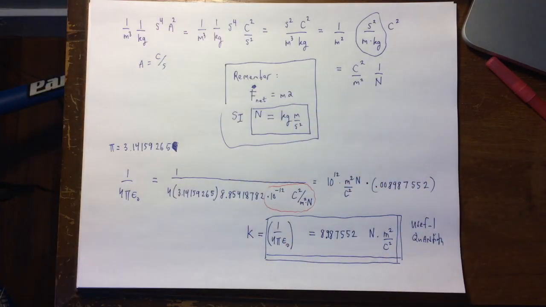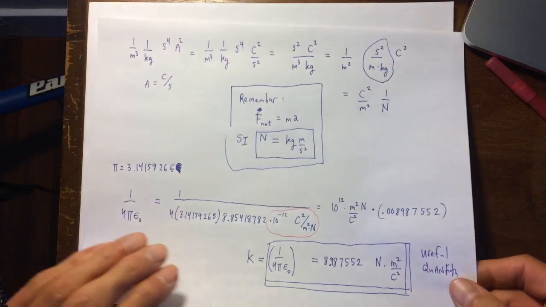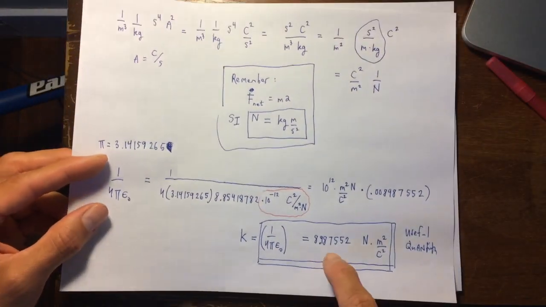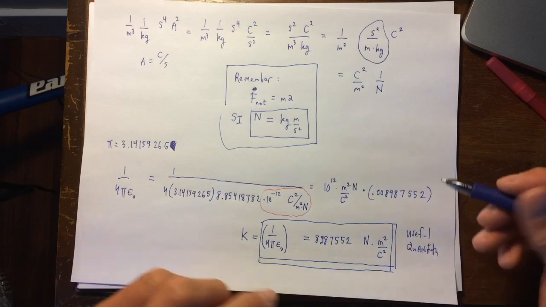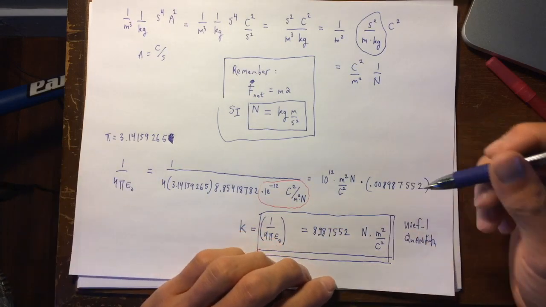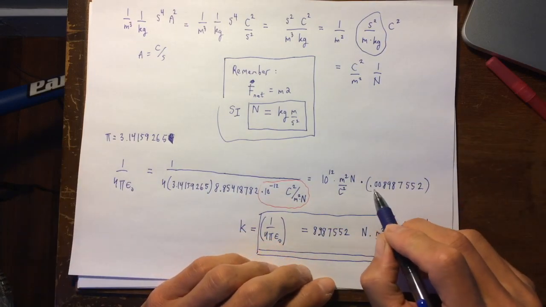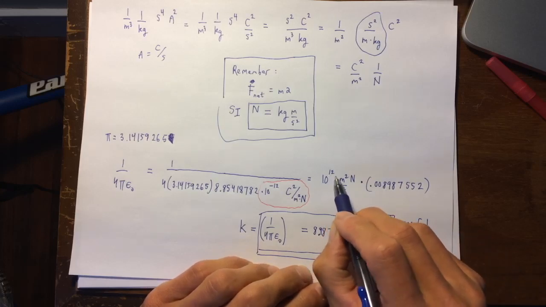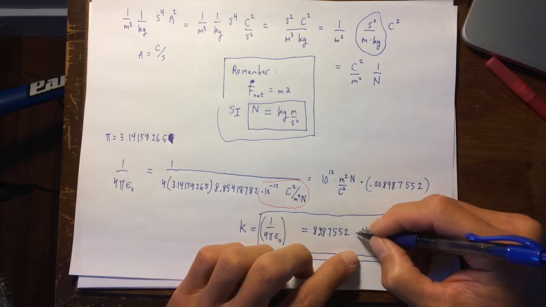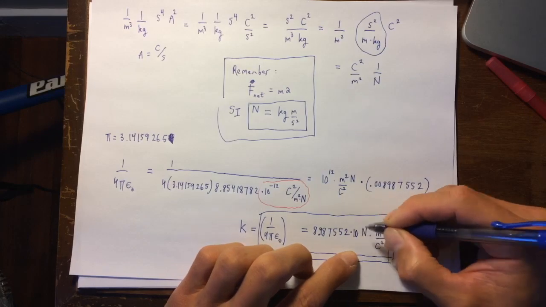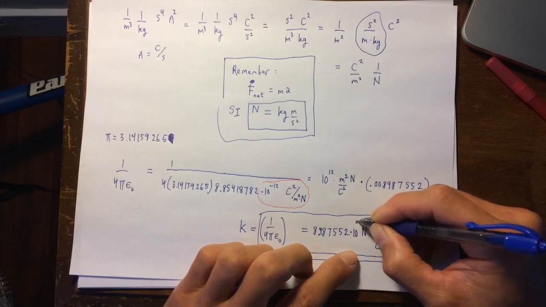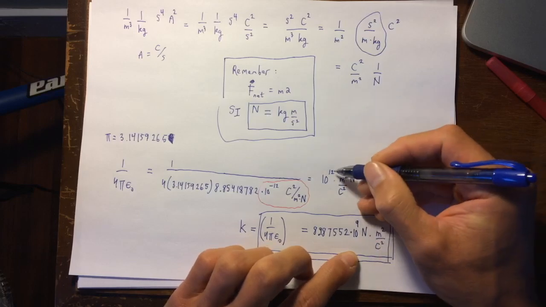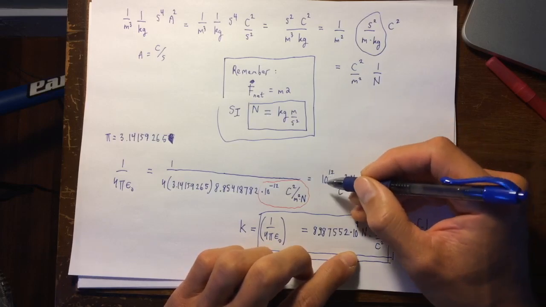All right, so let's move on. So I've got this epsilon naught now, or at least 1 over 4 pi epsilon naught. It's this. Oh, you know what I forgot? I'm so sorry, I forgot something. So remember I moved the decimal 1, 2, 3 here, which means I had to take it from there. And so this is times 10 to the 9th. I went 12, 11, 10, 9, right?